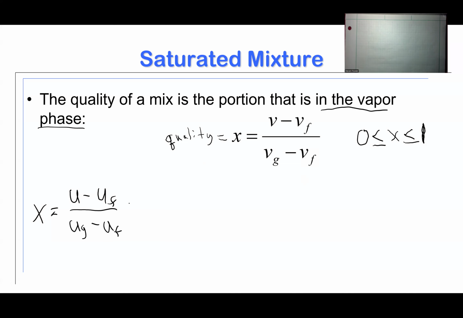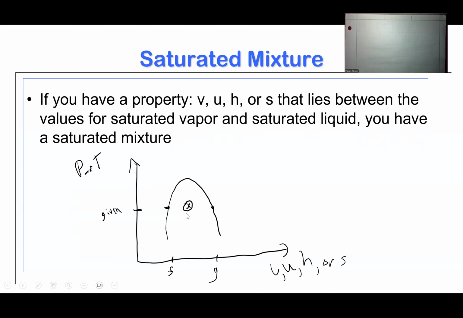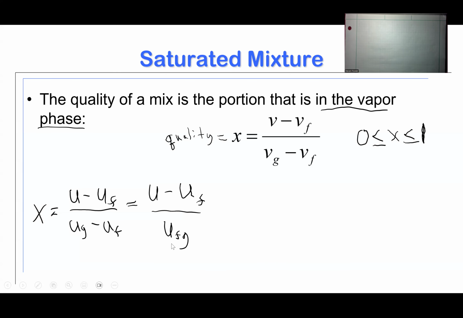And remember that our text is a little bit nice to us in some aspects. They give us this U_FG value. The U_FG value is the same as the difference between U_G and U_F. Those are the same values, so you could just pull that off the table if you like.